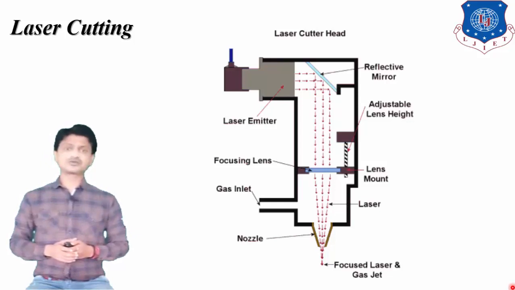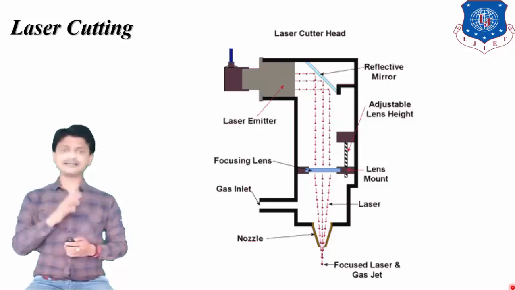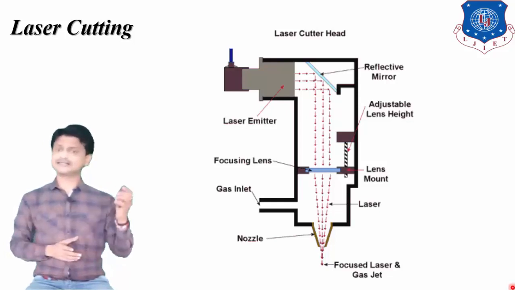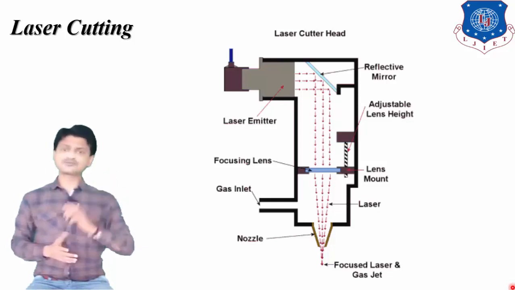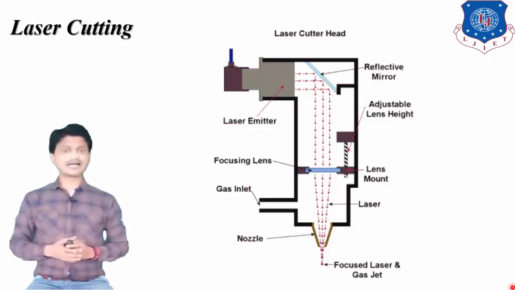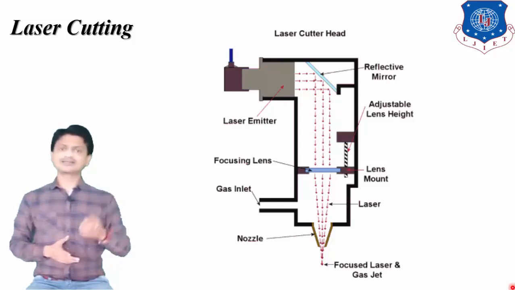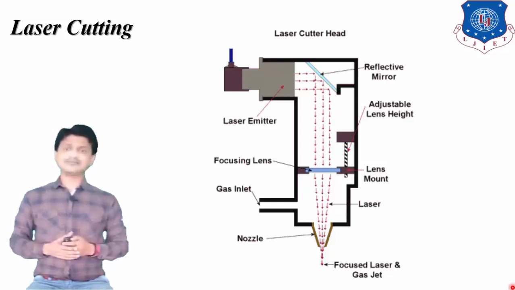It is used to cut plastics and ceramics. It cuts stainless steels, nickel, alloys and other metals. It is used to cut all types of metals including carbon steel, aluminum and superalloys. So this is the laser cutting method.